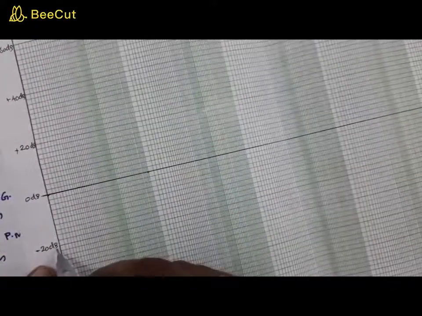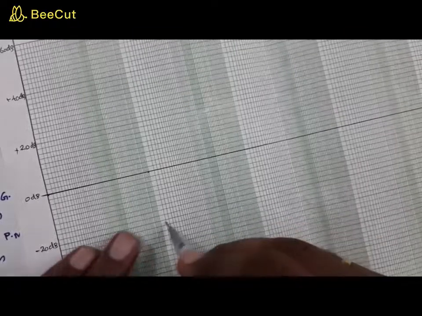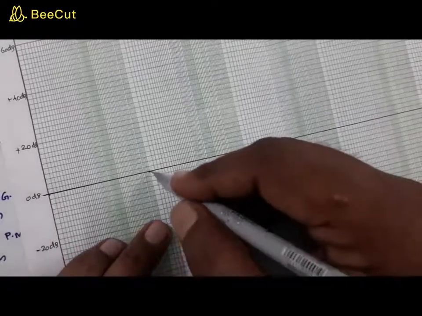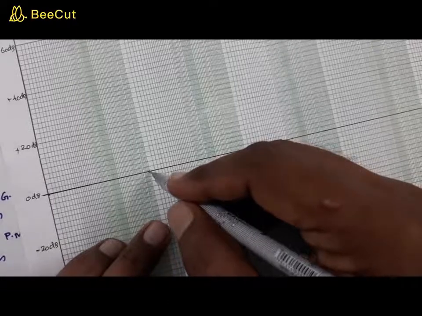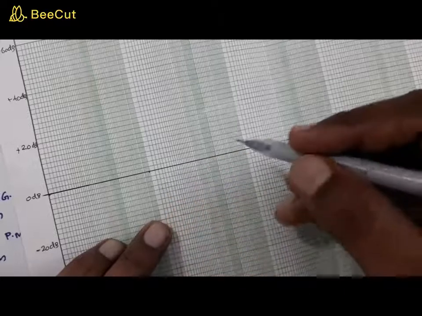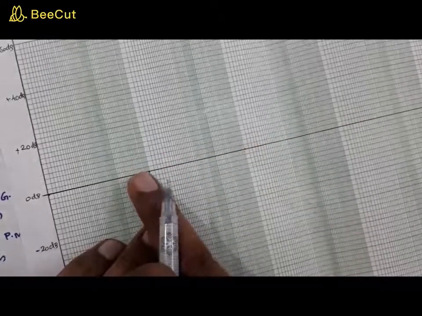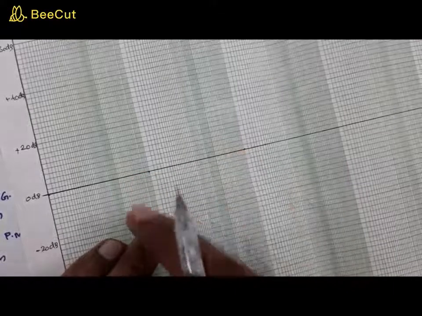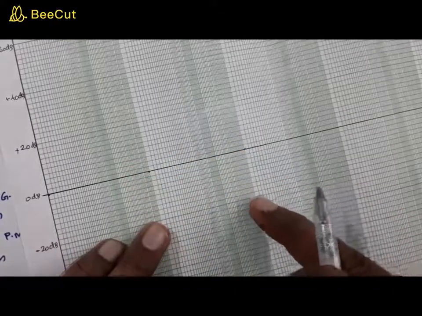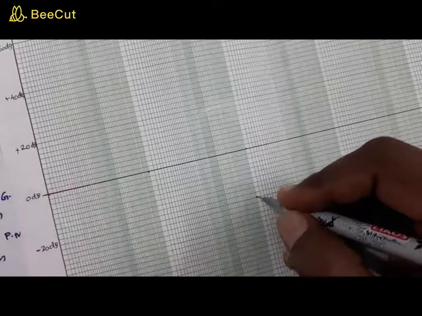Because we know that this is minus 20 dB, and this is 1 radians per second, and this will be 10 radians per second. So this is a decade. So as one moves from this to this, from 0 dB, it will be reaching this point, meaning this is minus 20 dB per decade.